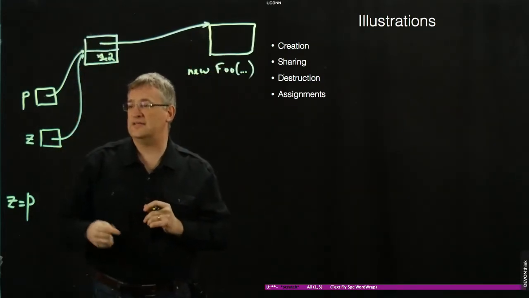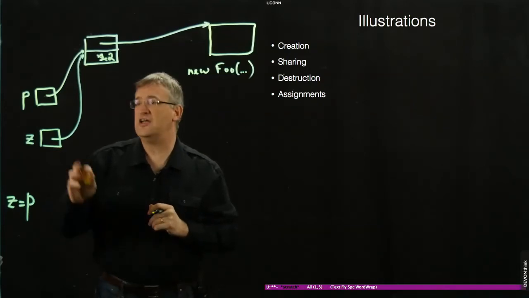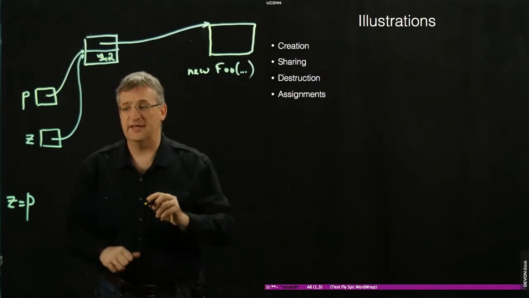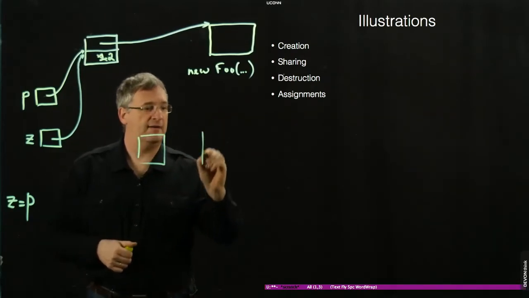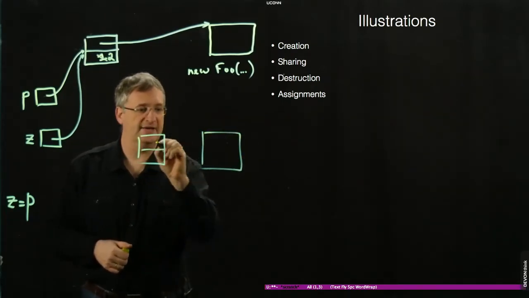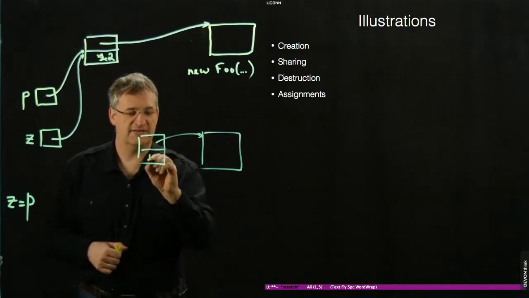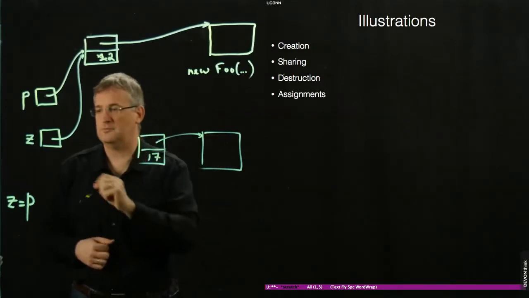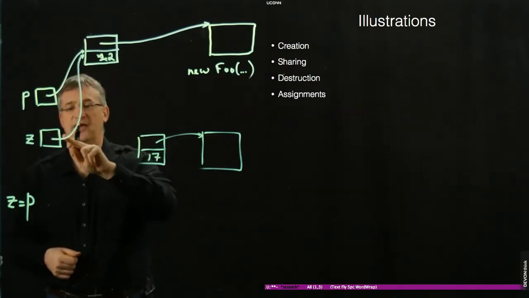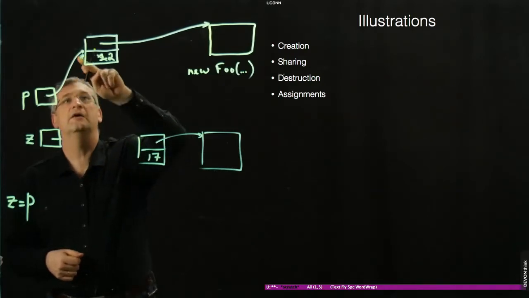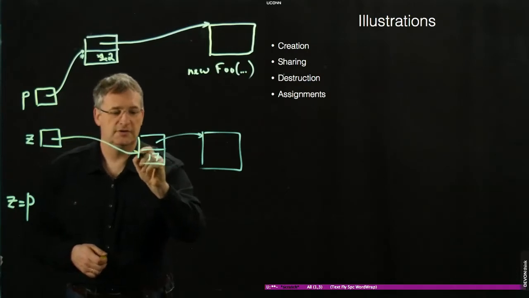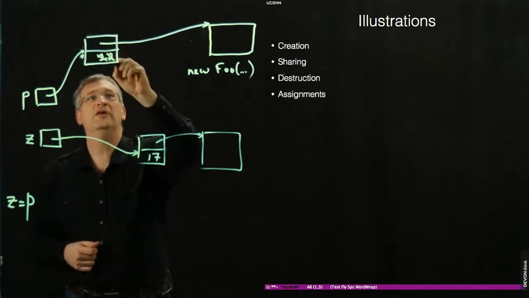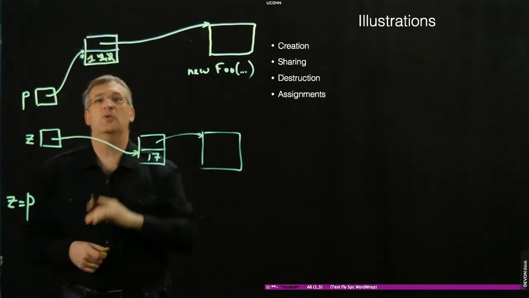The idea now is that if at some point in time Z points somewhere else, that is, we make Z point to another object, then I would have something like this, maybe like 17 references already to an object. And if I make Z point to there, this link goes, Z points here, and the 2 here gets crossed out, and I'm back to a 1.